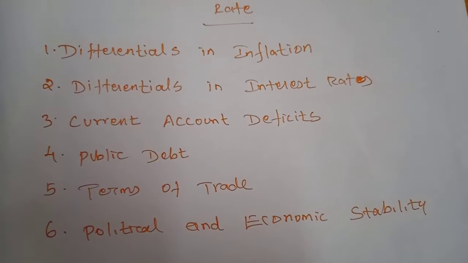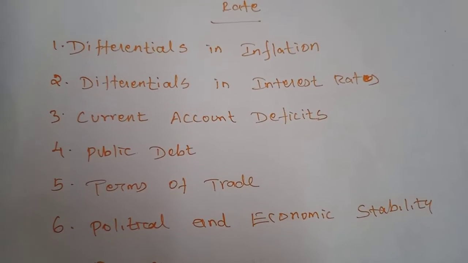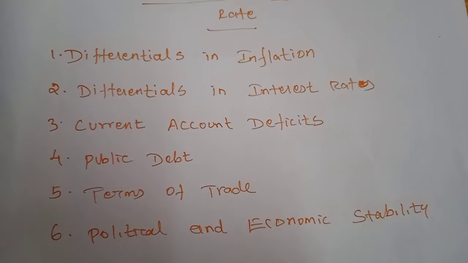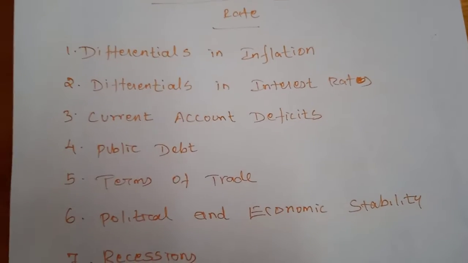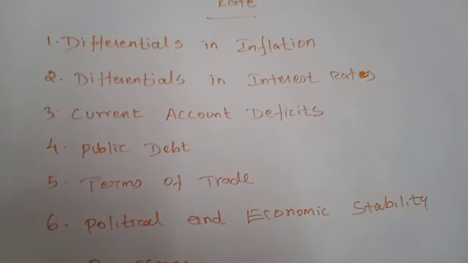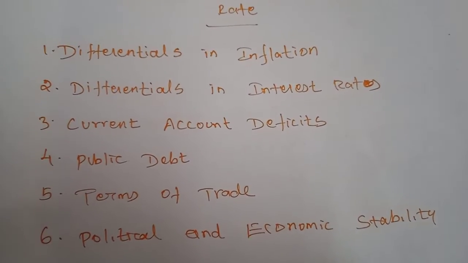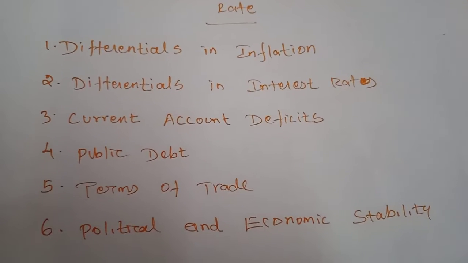Normally, if the inflation rate of one nation is very low, the currency rate will also increase, because when we have inflation, our value of currency is very low, so all the nations will come to our nation to make imports.